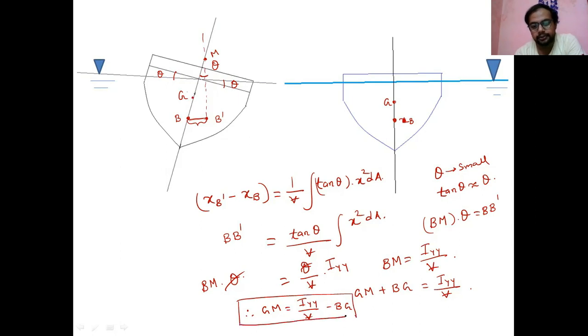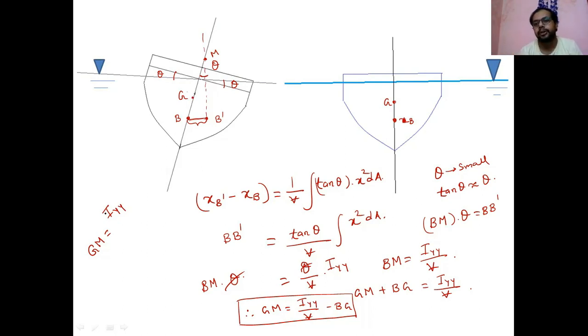The metacentric height GM is equal to Iyy by V minus BG. Iyy is the second moment of area of the floating area with respect to the axis about which there is rotation.